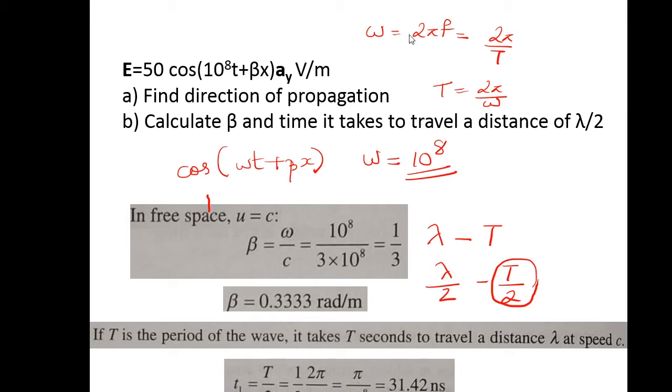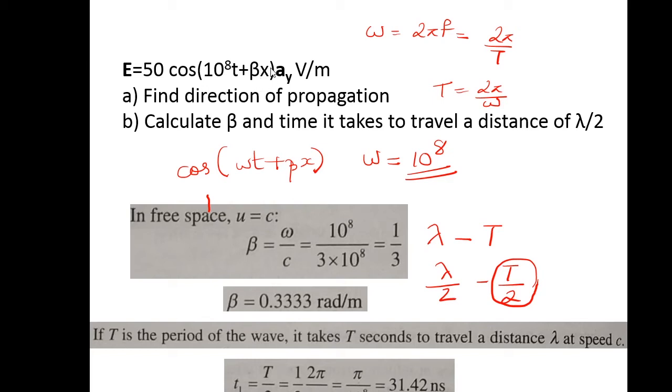You have to learn the basic equations, and also when electric field or magnetic field is given like this, the unit vector of the field will be directly given, and the direction of propagation can be calculated like this. If it is beta z, it is propagating in z direction. If it is beta y, it is propagating in y direction.